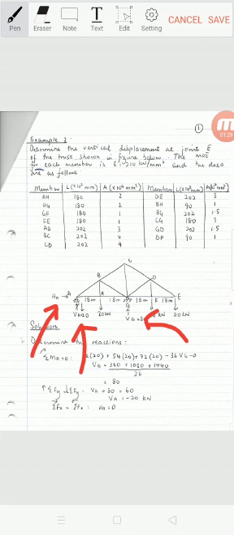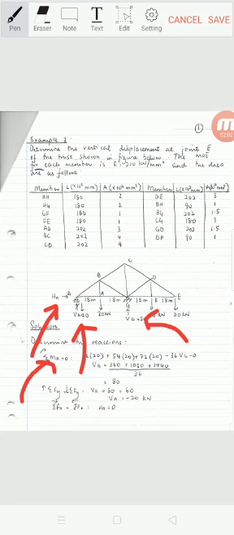We first determine the reaction VG by taking moment about A, where we have summation of moment at A equal to 0 as shown in this equation, and solving this equation will give us VG equal to 80. So this VG 80 kilonewton is acting upward.